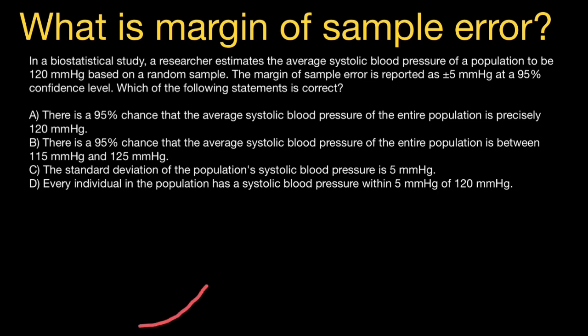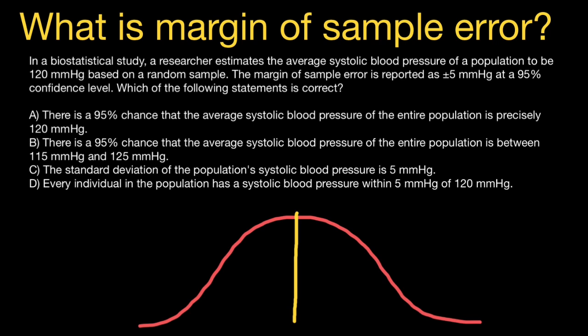Imagine that this line represents normal distribution of blood pressure in the population. And we take a certain large sample from this population, and we expect to get a mean somewhere here.